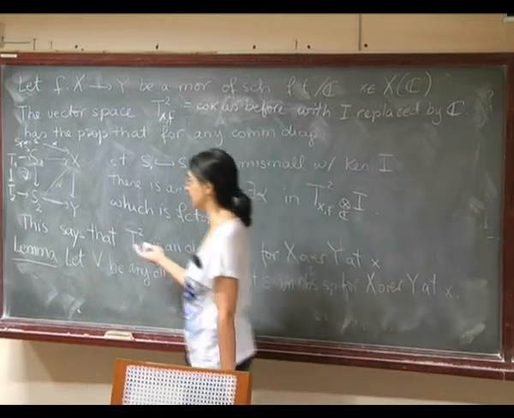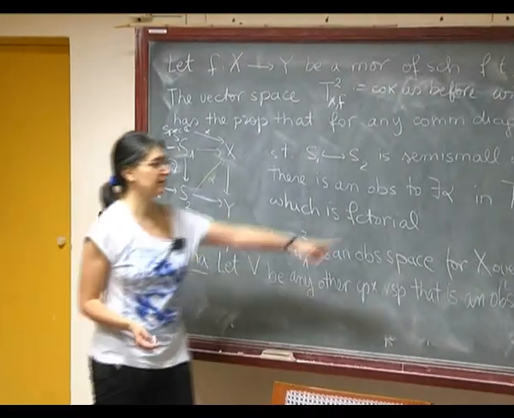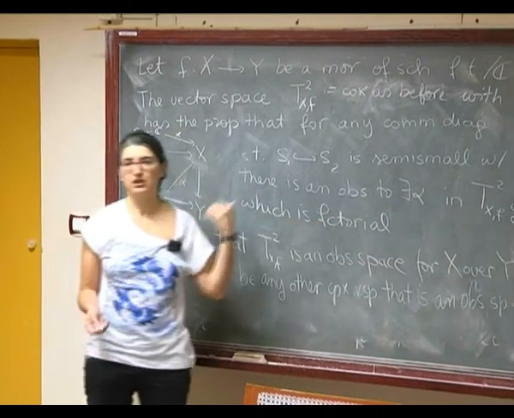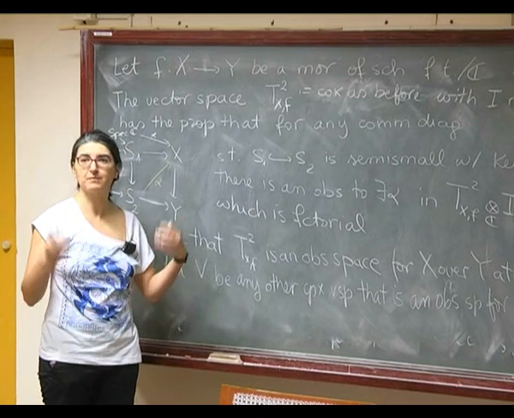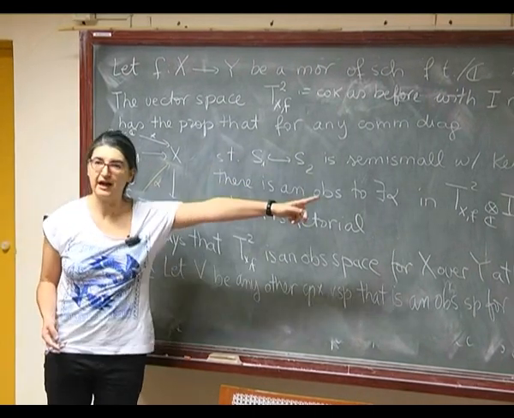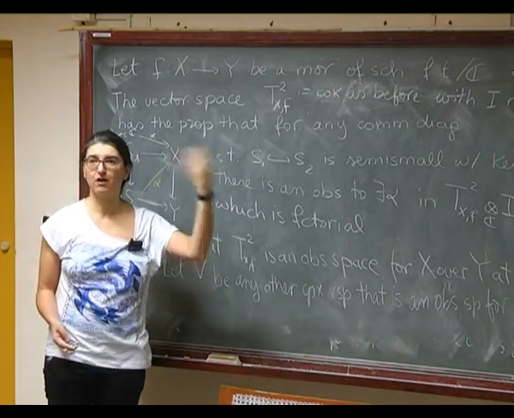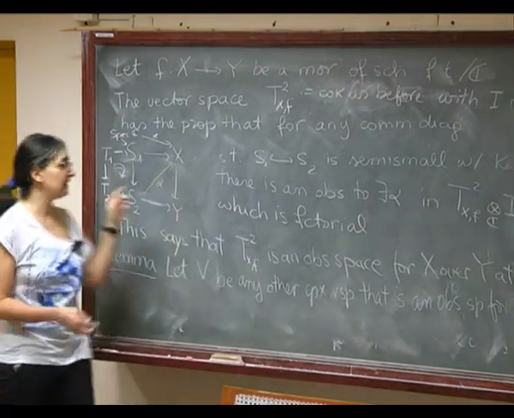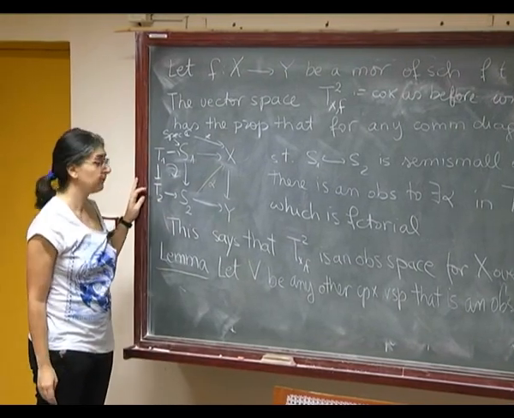So this means that for every such diagram I find an obstruction which is functorial. So this is not just the data of a vector space, but it's a vector space plus for every commutative diagram an object such that the lifting exists if and only if the object map is 0, and such that these are functorial in the appropriate sense.